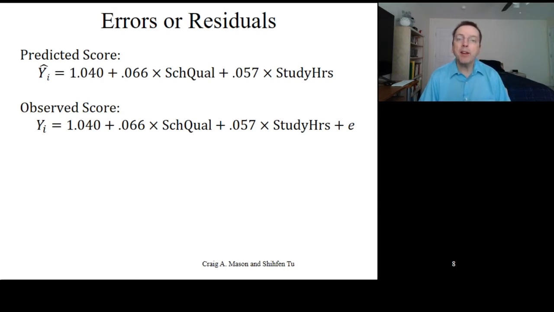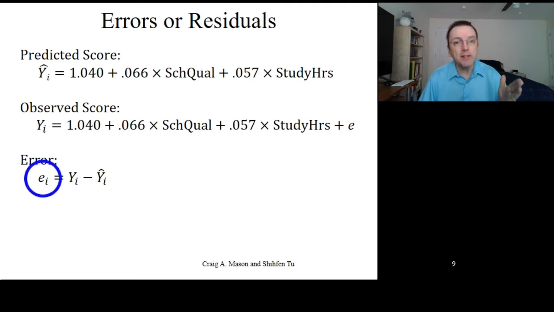We can write an equation for that residual as e sub i equals y sub i minus y hat sub i, which is just a way of saying that a person's residual, e sub i, is equal to their observed score, y sub i, minus their predicted score, y hat sub i.